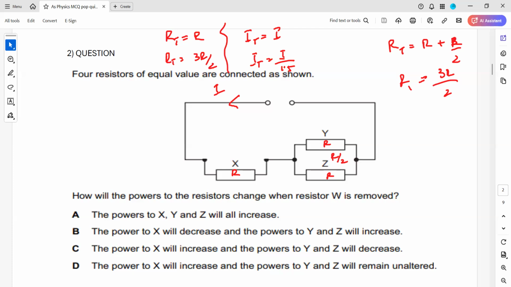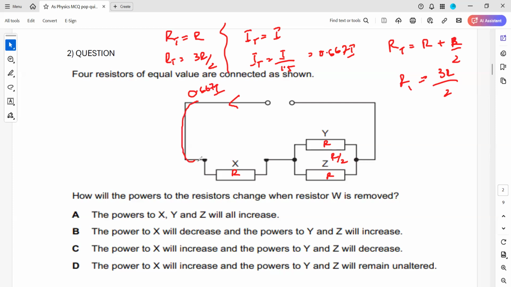If the resistance is 1.5 times, the current will decrease by 1.5. So we can also say the current will be 0.667 I, the new current in the circuit.